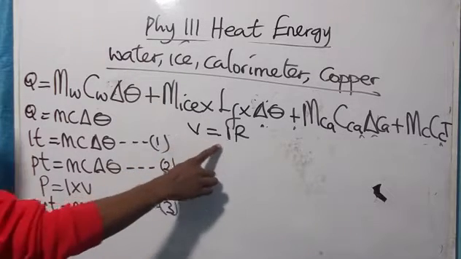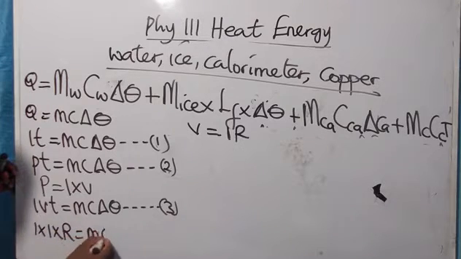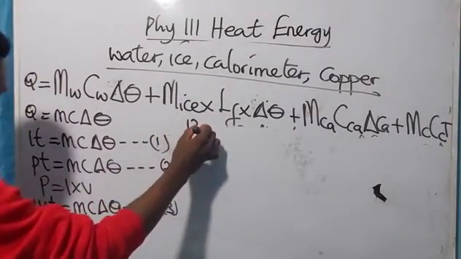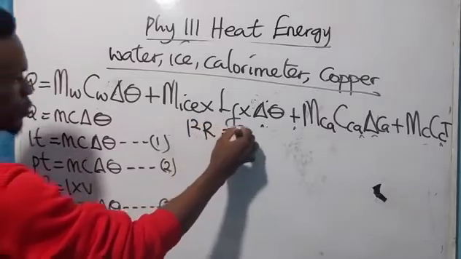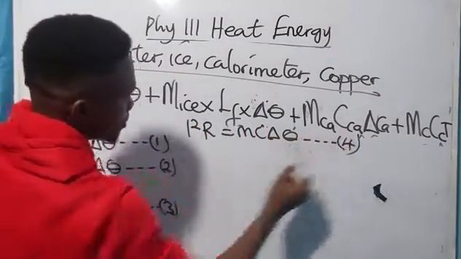I will put I times R. In doing that, I'll now be having I times what? R. And that will give me MC change in temperature. Therefore, our final answer becomes I squared R equals MC change in temperature, equation 4.